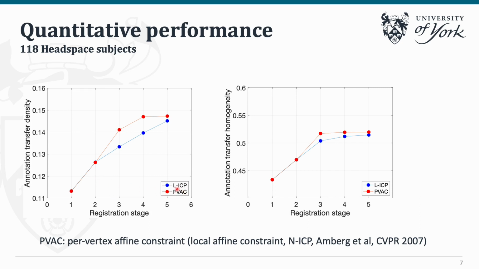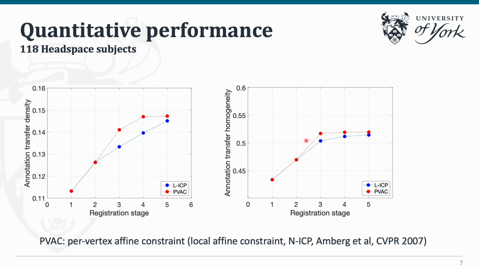Our algorithm is Laplacian ICP, and we tried it against our own framework, but with the shape regularization suggested by Amberg et al. in CVPR 2007, which is a per vertex affine constraint. And we can see that actually the per vertex affine constraint gets a slightly better performance in the mid stages, in stages 3 and 4, but by stage 5, our LICP has more or less caught up, so there's not really much difference at the end stage.